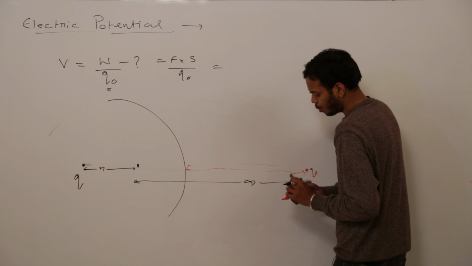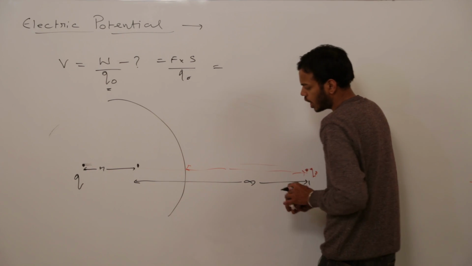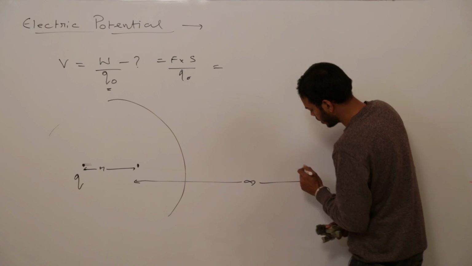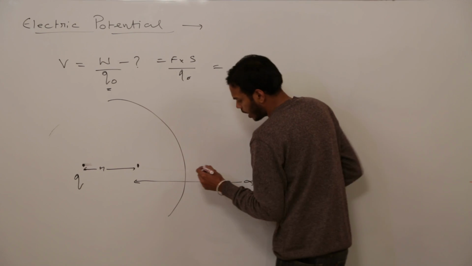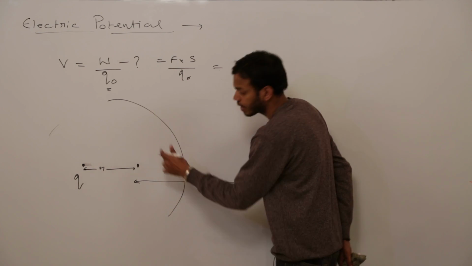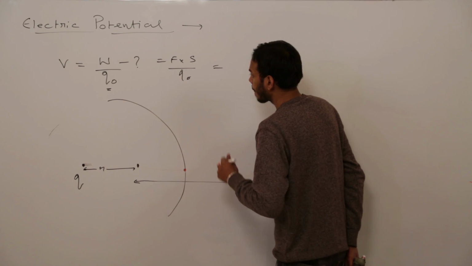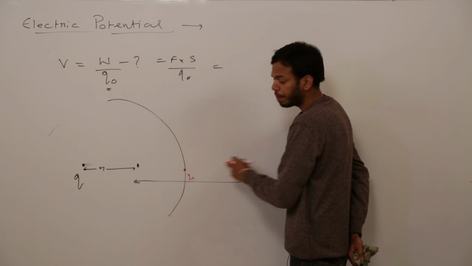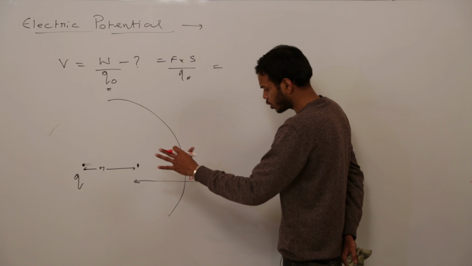Now at this point, when our charge has reached the electric field, this was Q naught here, when our unit charge is at this point, it is just entering the electric field of our source charge. What will happen? This Q naught will get repelled by that charge, both are positive right now.